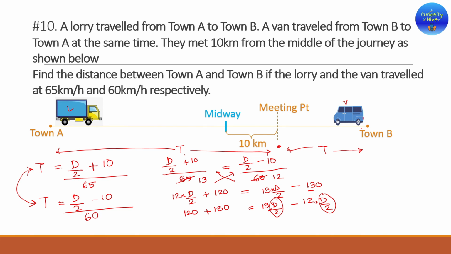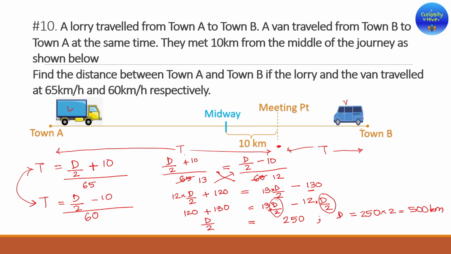So we can just subtract 13 with 12. So what we are left with is that d by 2 is equal to 250. So d by 2, that means midway. So my distance is equal to 250 times 2, which is equal to 500 kilometers.